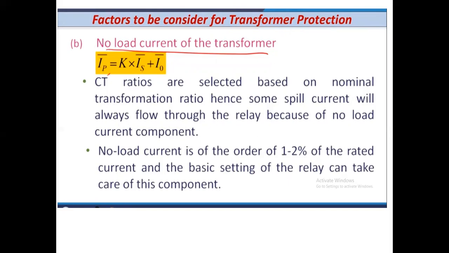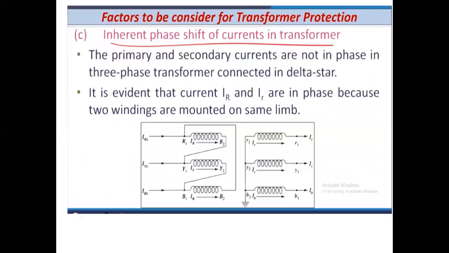So I naught is the no load current of the transformer that contains a magnetizing component as well as some loss component. The no load current of the transformer is roughly 1% to 2% of the full load current of the transformer. And when you decide the setting of the relay, the relay is capable of taking care of this no load current of the transformer.